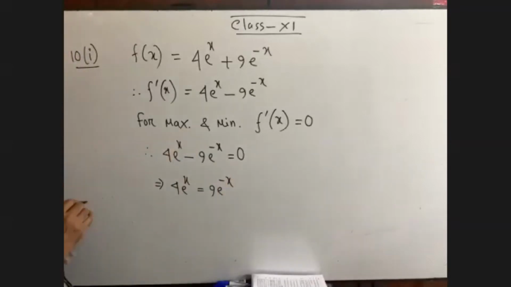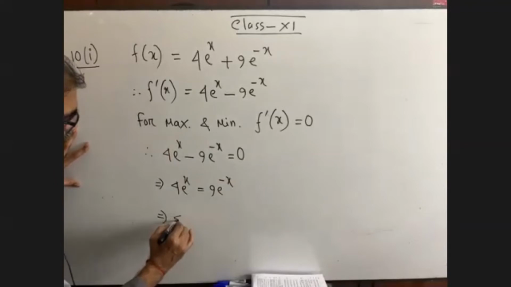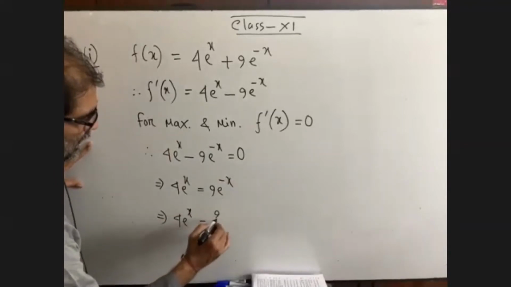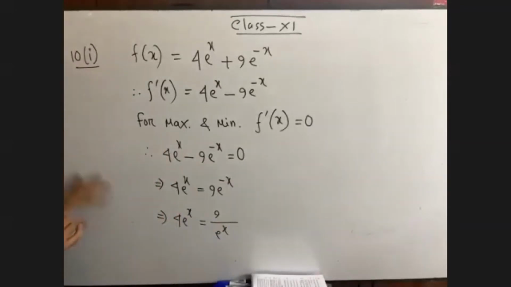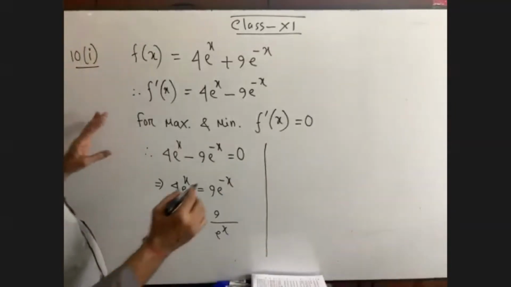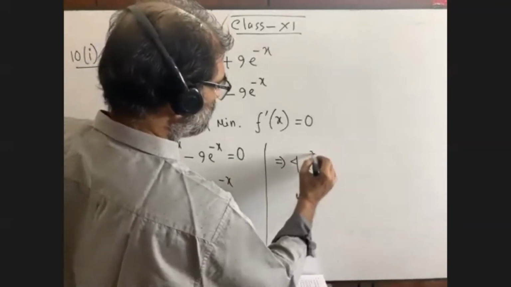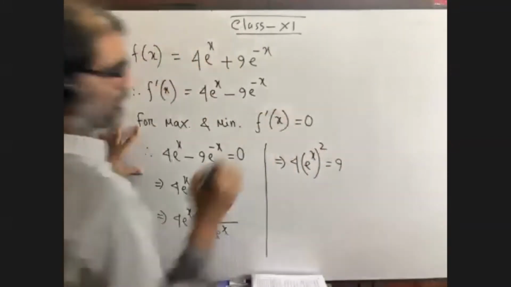Which can be written as 4e^x is equal to 9 by e^x. That is, 4 times (e^x) whole square is equal to 9.